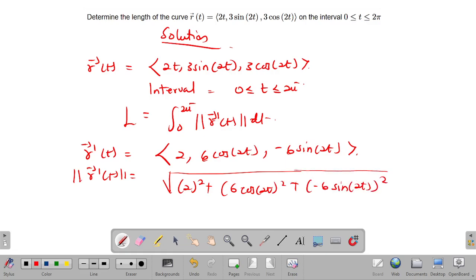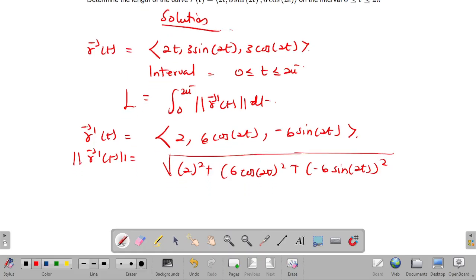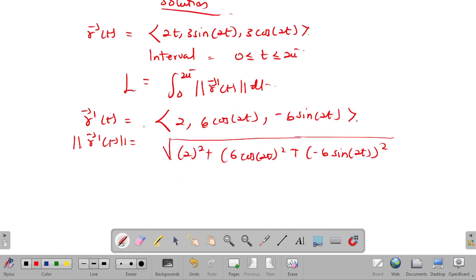So what do I get from this expression? I'll end up getting the square root of 4 plus 36 cosine squared 2t plus 36 sine squared 2t.